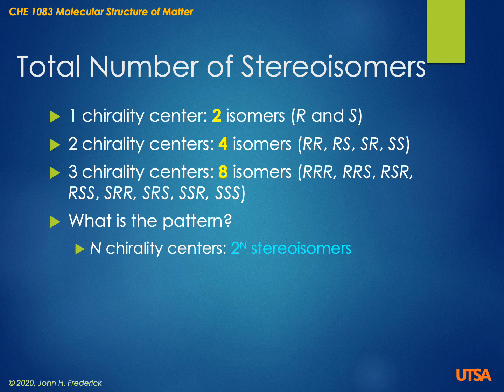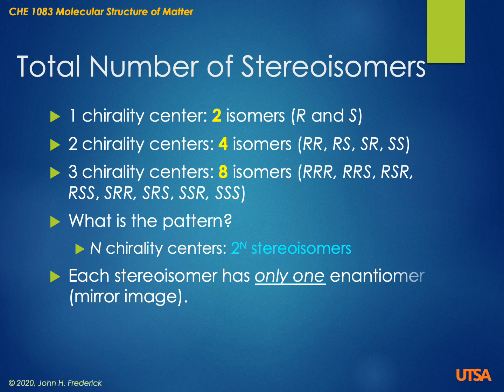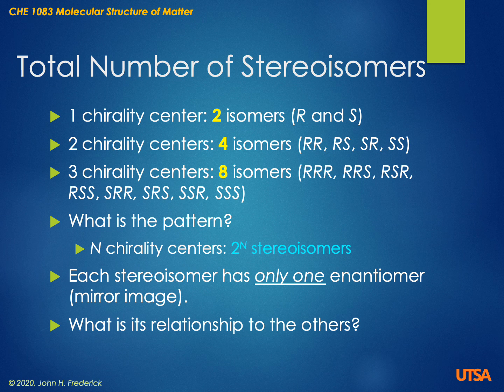All right, so if we had 10 chirality centers, we would have 2 to the 10th stereoisomers. Each stereoisomer has only one enantiomer, one mirror image. The other stereoisomers are not enantiomers of that particular molecule. They have a different sort of relationship with it. This is something that we'll take up in a later lesson.